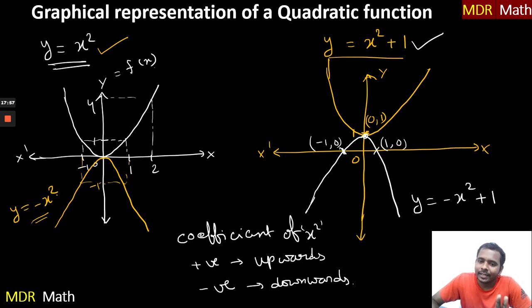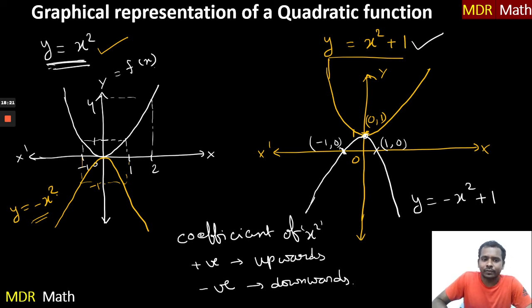That means you cannot see the roots of x square plus 1. The real roots we cannot find for x square plus 1 equals 0, because the curve never touches the x-axis.